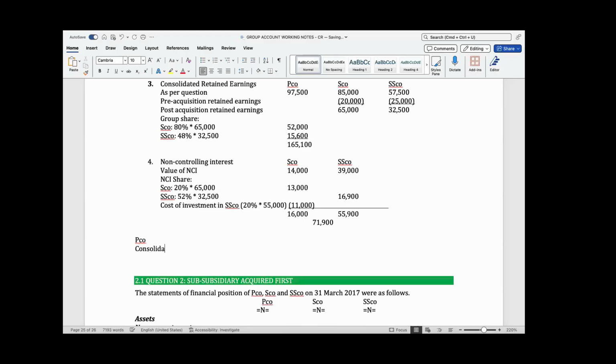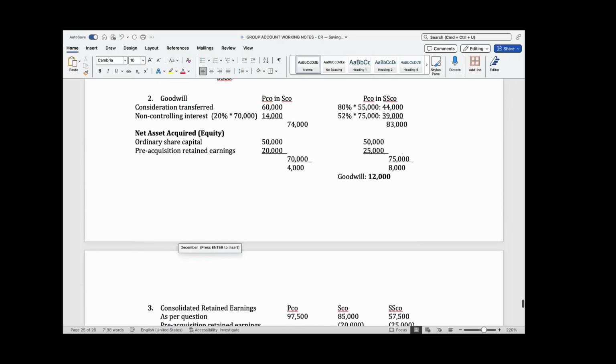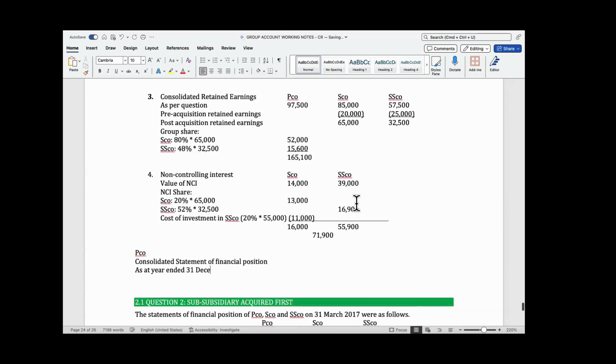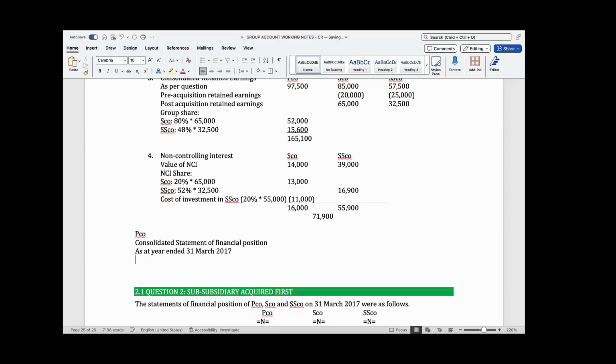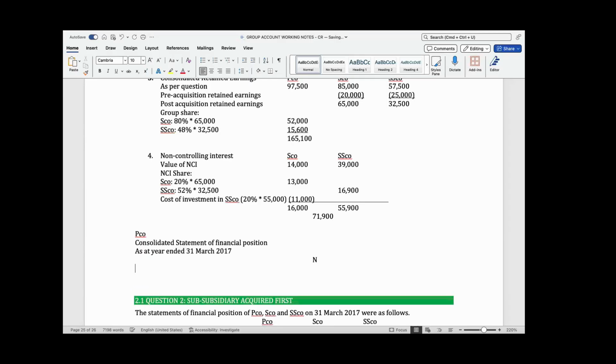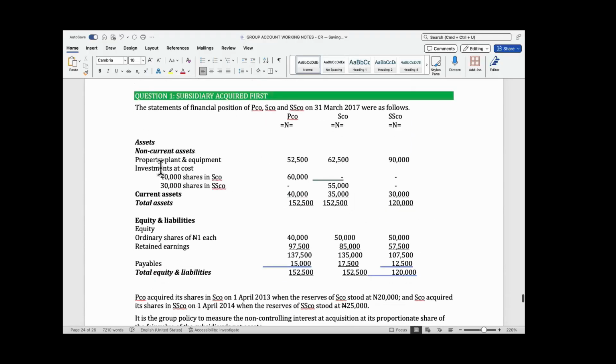PICO consolidated statement of financial position, as at year ended 31st what? Is it December? March. 31st March 2017. Assets. Non-current assets. So what's the first item here?